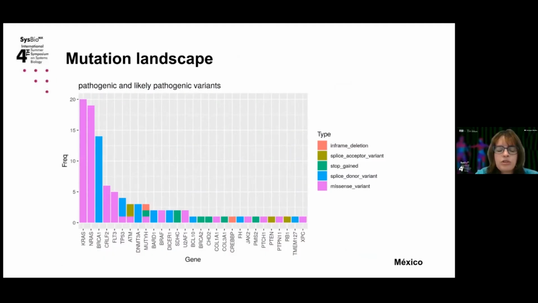Here I want to share with you the mutation landscape of our patients. These are only looking at pathogenic and likely pathogenic variants, so it's not all the mutations that we have been finding, but the ones that are known to be deleterious. And here, consistent with what's been reported in literature, we see a lot of mutations in the RAS gene family, and we also see a lot of pathogenic mutations in a lot of cancer-related genes.